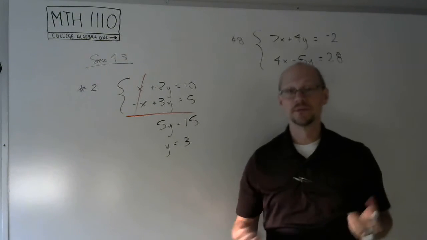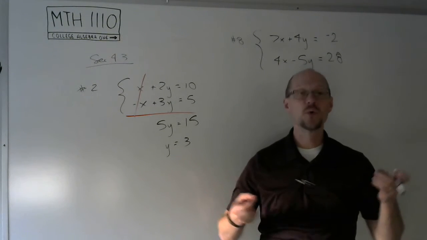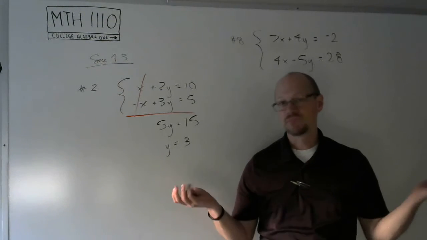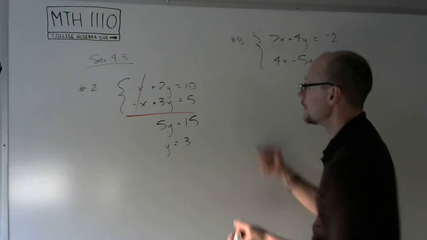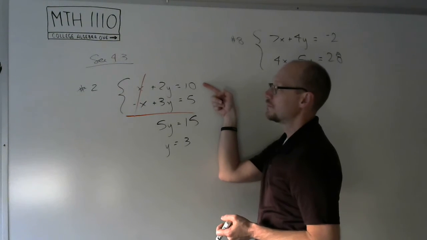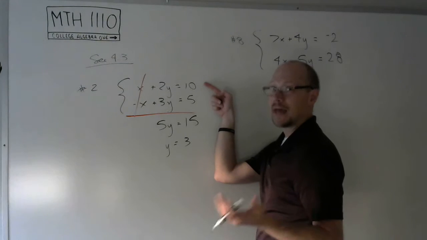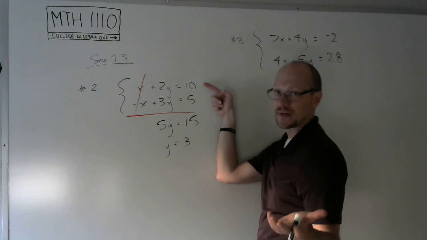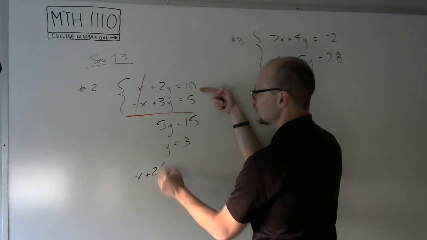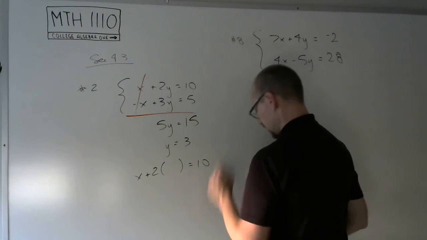Now, the unfortunate part about this is there's no convenient place to substitute that back in. That's fine, we just have to substitute that in, all right? So pick one of the equations. I like to pick the equation that has smaller numbers, but more importantly, no negatives if I can get away with it. So this equation right here, the first one, x plus 2y equals 10.